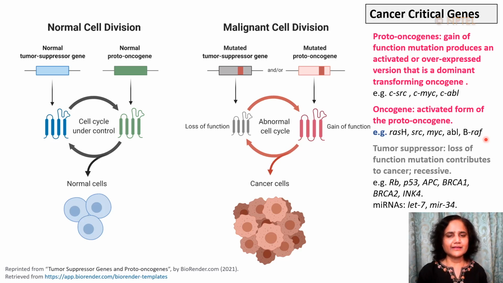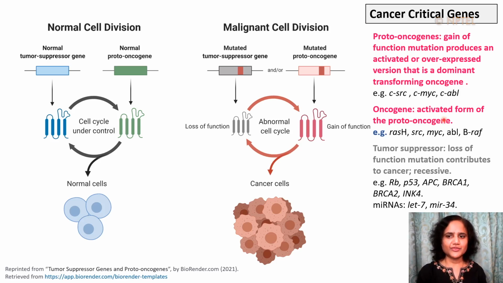Another class of cancer critical genes are the tumor suppressor genes. In this case, the loss of function mutation in the tumor suppressor gene contributes to cancer, and by definition these cancer causing mutations in tumor suppressor genes are recessive because they are loss of function.